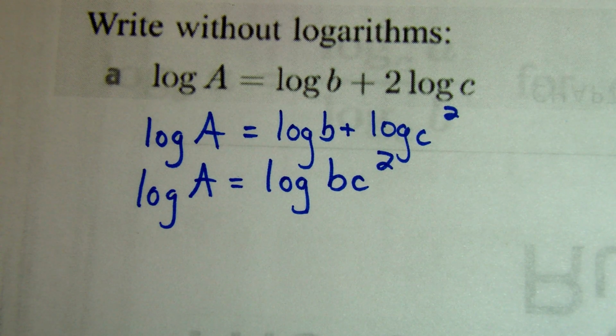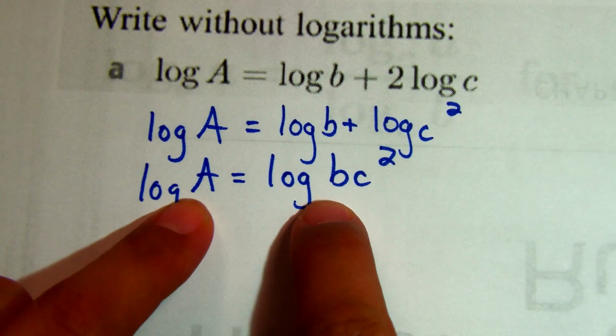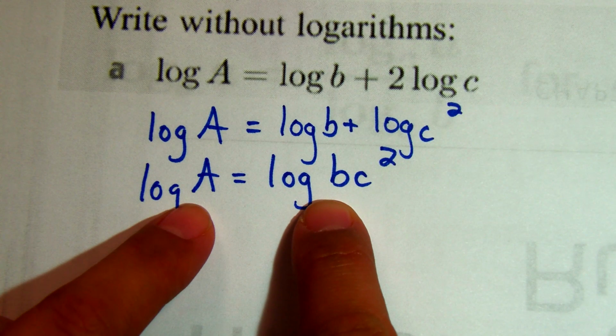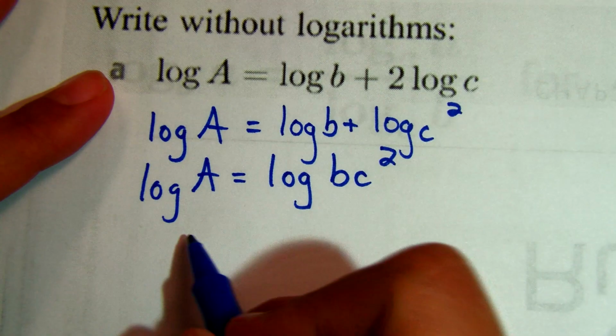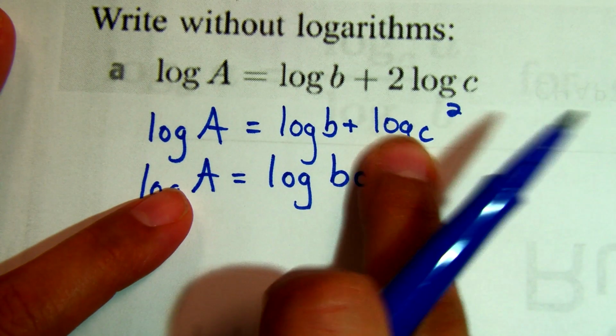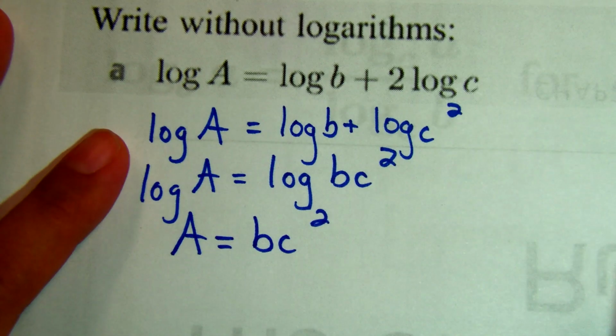Questions so far? So now, do I have one term and are they the same base? What is the understood base here? Yes, 10. So because they're the same base and there's nothing separated by addition or subtraction, now I can just set them equal to each other.